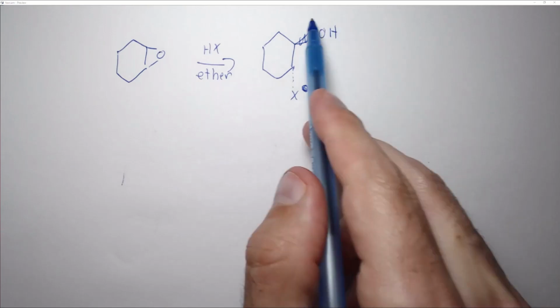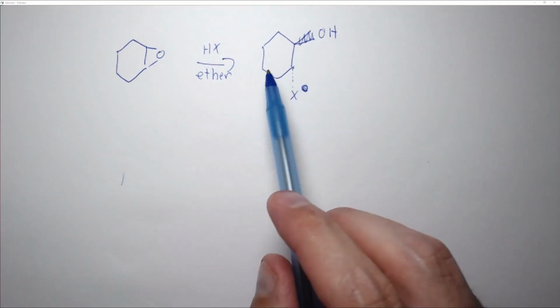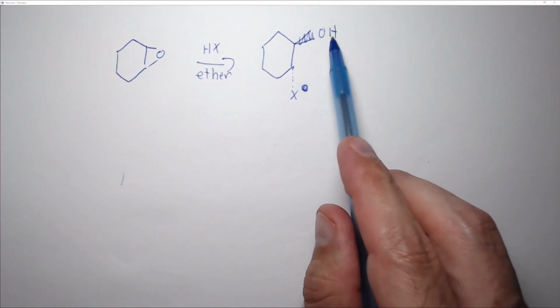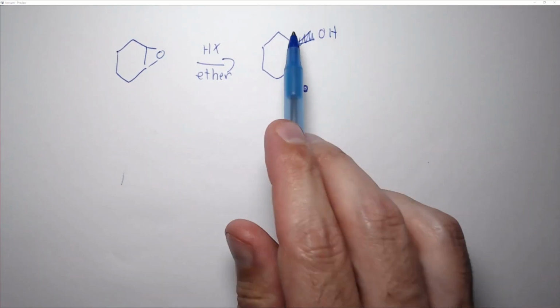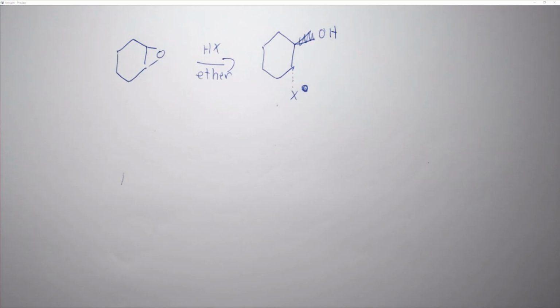Now, when you have a reaction like this, which is asymmetric, right? In the other case, we got an OH here and an OH here, so it didn't really matter which was which. But in this case, we have an OH on one side and an X on the other. So what we want to consider is, which side is going to get the OH and which side is going to get the X?